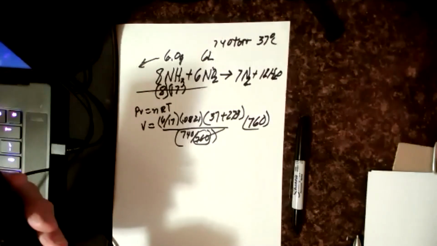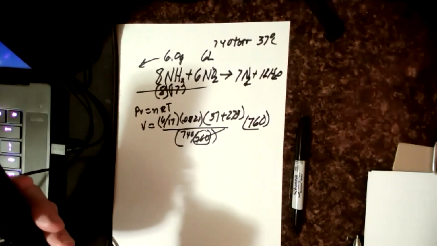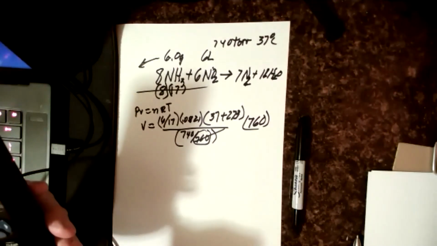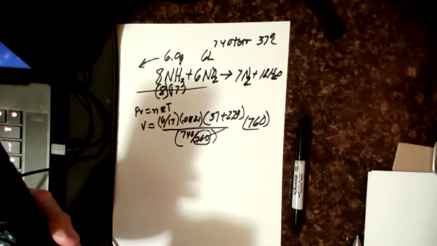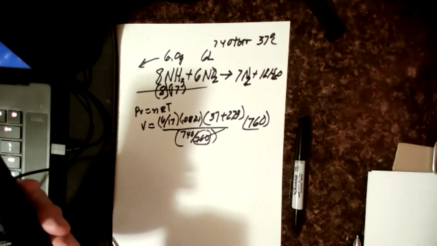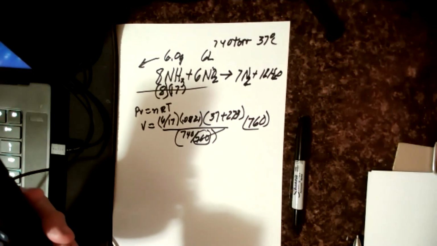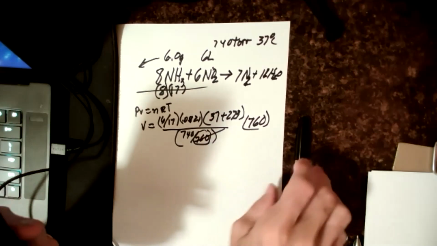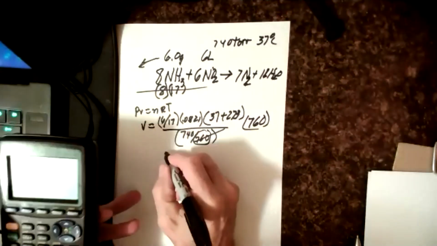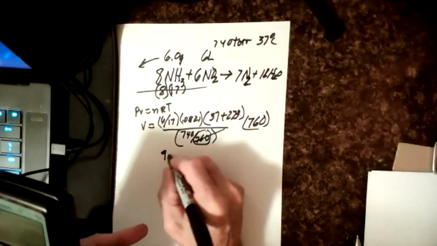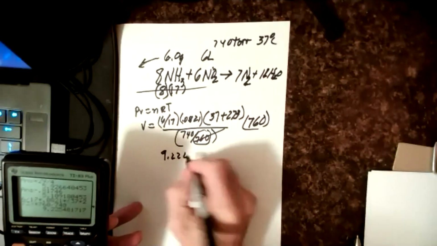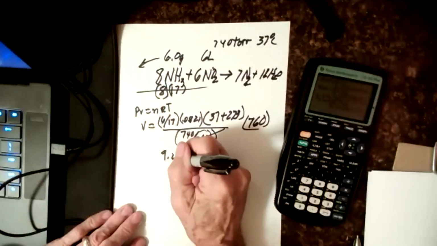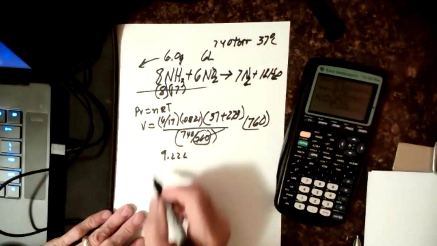Then I want to multiply by 0.0821. Then I want to multiply by 37 plus 273, right? Then I want to multiply by 760, and I want to divide by 740. So if I haven't screwed up somewhere, I come up with 9.22 liters. At 6 grams would be 9.22 liters at 37 degrees and 740.